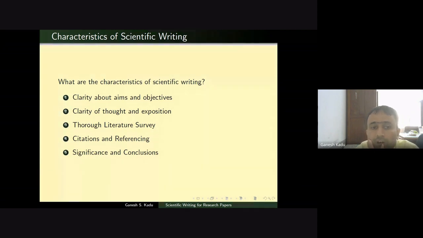Then a good scientific write-up should do a thorough literature survey. What do you mean by literature survey? If you are working on a particular problem, you would look at all the scientists or engineers who have studied this problem, who have made some progress or some related developments which are interesting from the point of view of the problem that you're working on.